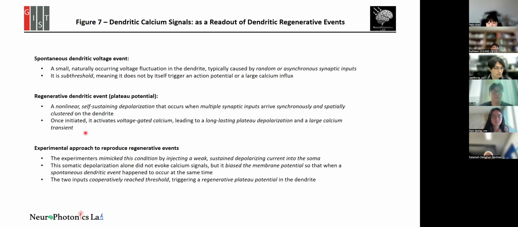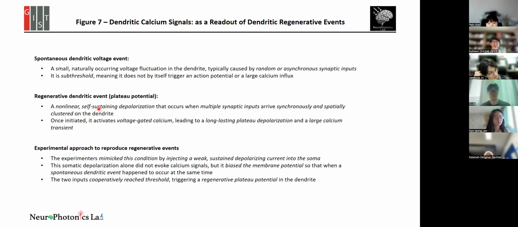And in contrast, the regenerative dendritic event, also called the plateau, is a nonlinear and self-sustaining depolarization.